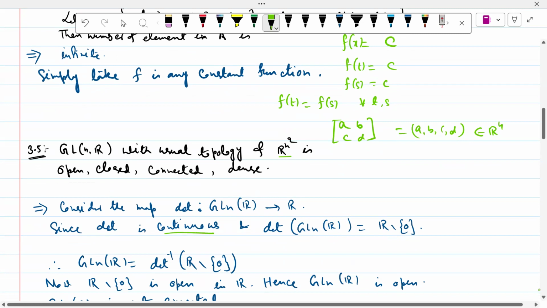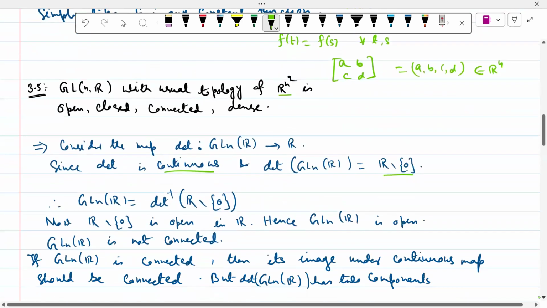And what is the image of the determinant? The determinant of GL_n(R) is the set of all non-singular matrices, whose determinant is non-zero. So this is R minus 0. Therefore, we can write GL_n(R) equal to the determinant inverse of R minus 0.